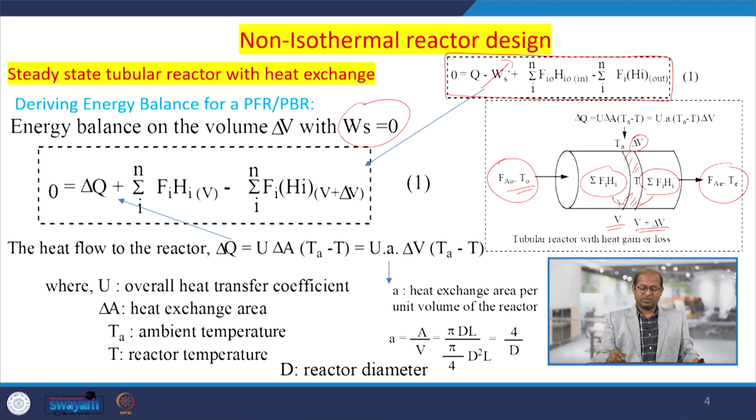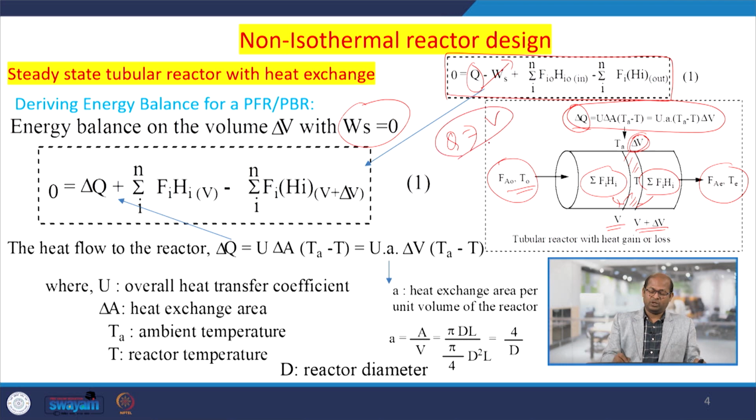So, here we are considering shaft work 0, but Q is there, meaning heat we are supplying with the help of heat transfer fluids, that is delta Q, the small amount for delta V volume, and Q would be the amount of energy if the total volume is V. So, that much energy would be supplied to that particular reactor through the reacting fluids.